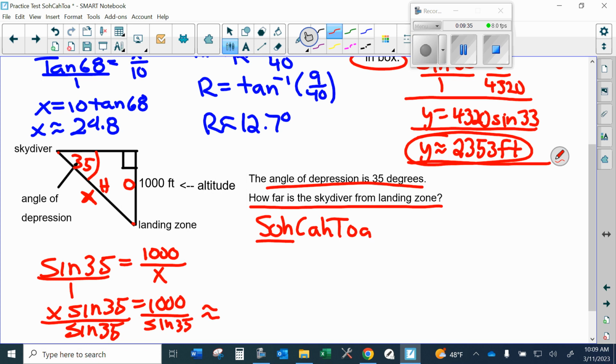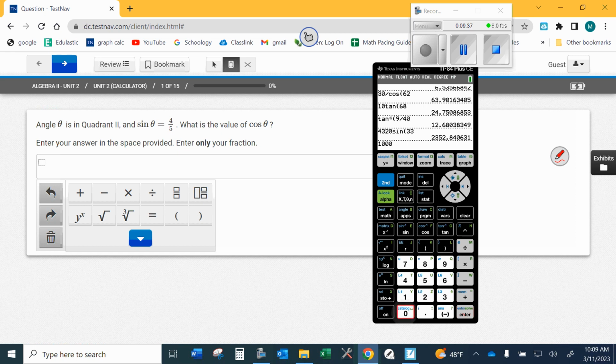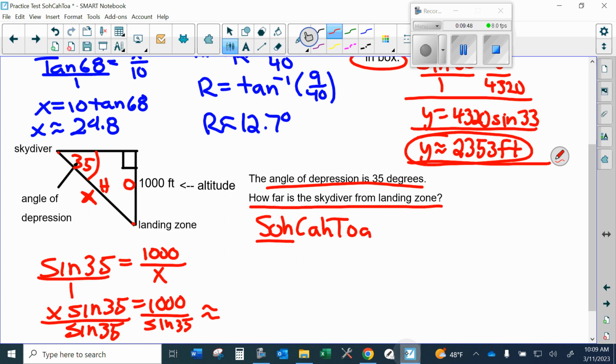Approximate 1,000 divided by sine 35 is 1743. We'll go to the nearest unit, 1743, and then whatever the units are, feet. 1743 feet. Okay?